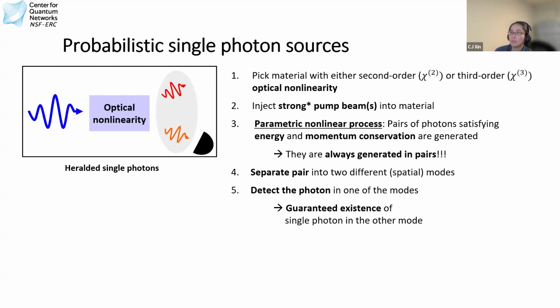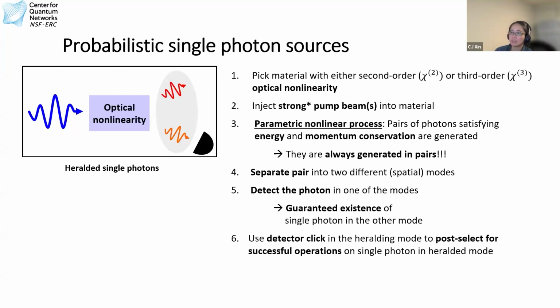What you can then do is use the detector click in the heralding mode, this one, to post-select for successful operations on the single photon in the heralded mode, the red one. Basically, you're pumping at some clock rate, doing operations at some clock rate, and measuring the results.